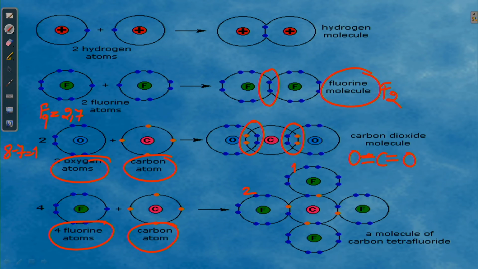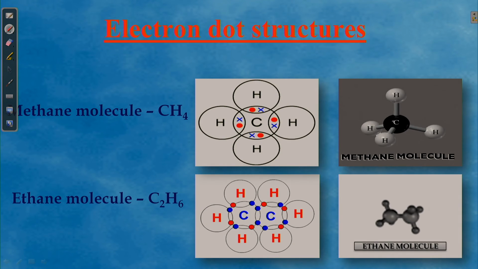This is first, this is second, this is third and this is fourth, and after combining it will form CF4, that is carbon tetrafluoride.